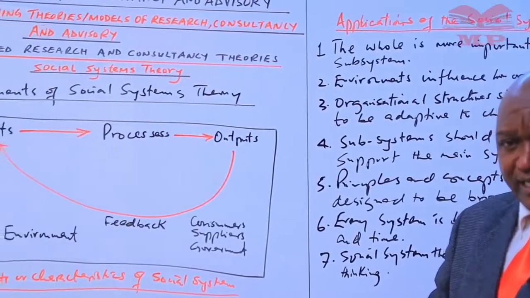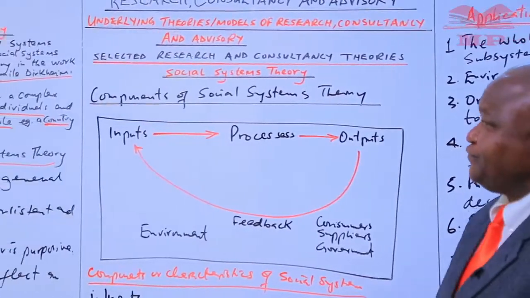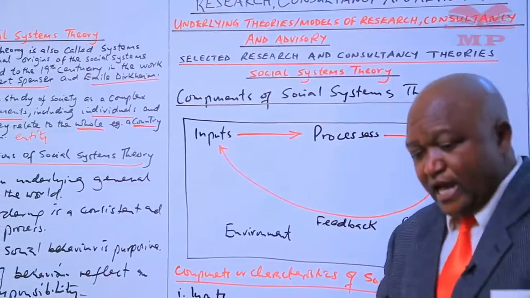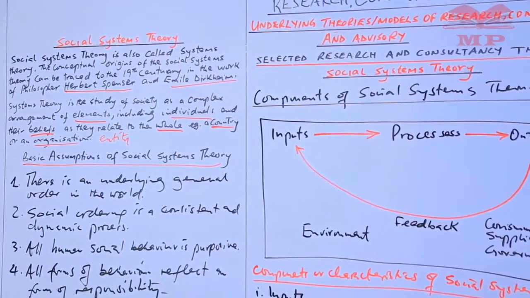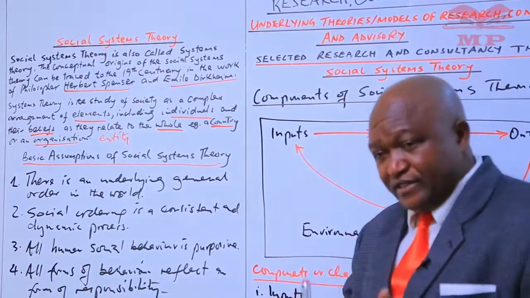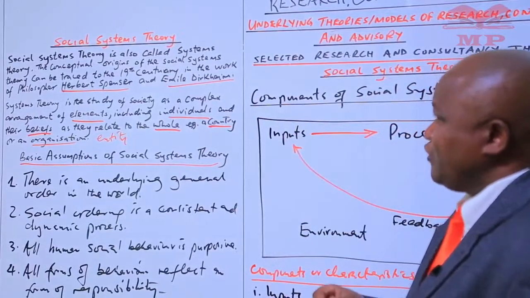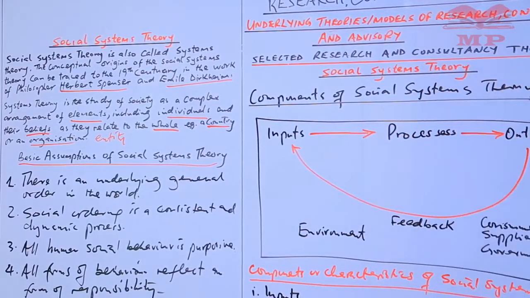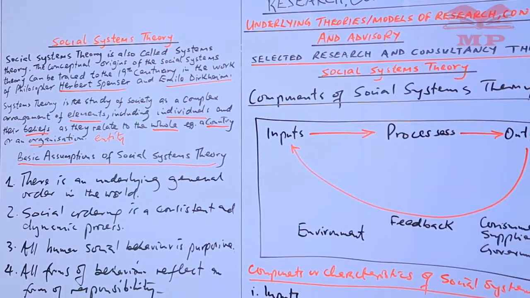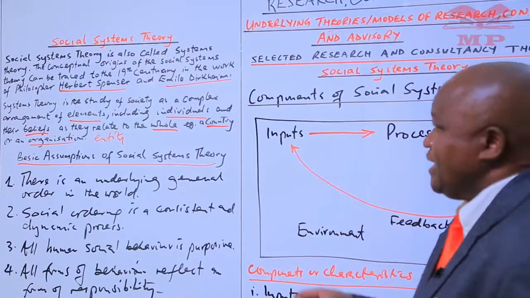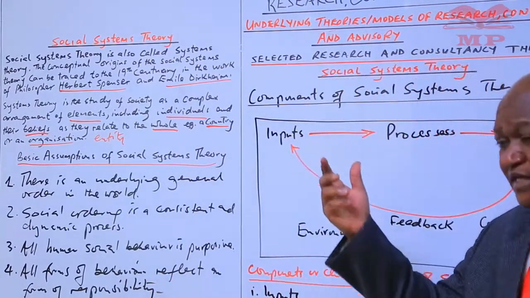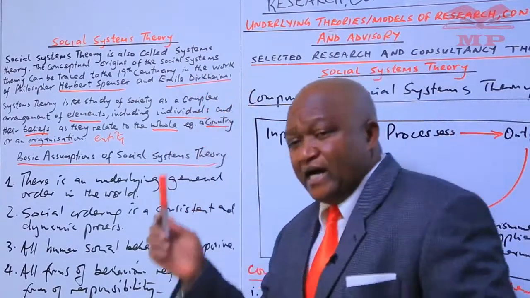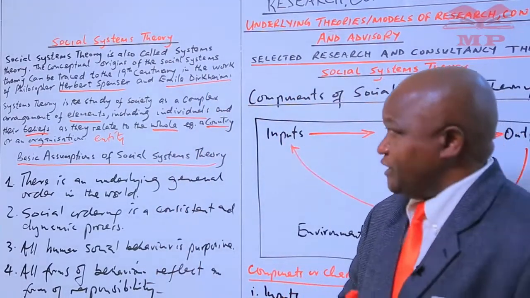So in our lesson today, Lana, we have looked at social systems theory as one of the selected theories in the area of research and consultancy. And we have seen that social systems theory is also called systems theory, and it was conceptualized in the 19th century, and it is attributed to philosopher Herbert Spencer and Emil Durkheim, who was a sociologist.